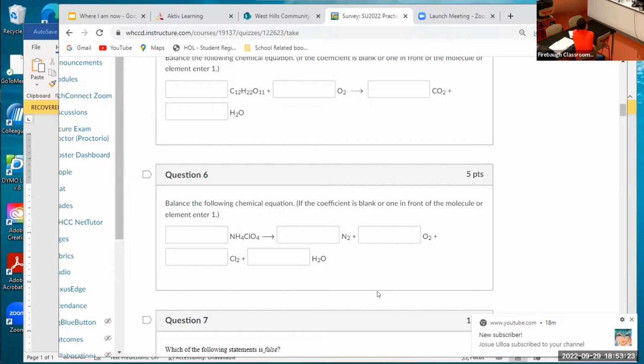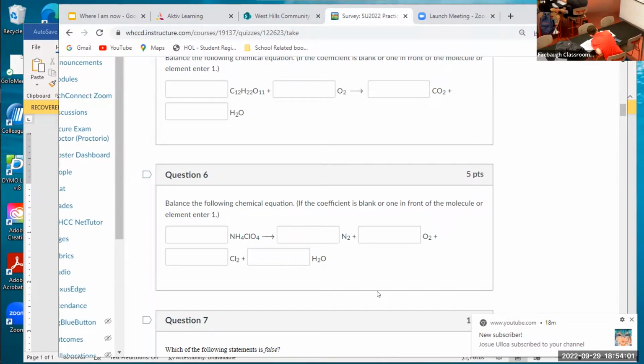That changes your hydrogen. Still not balanced, yeah.